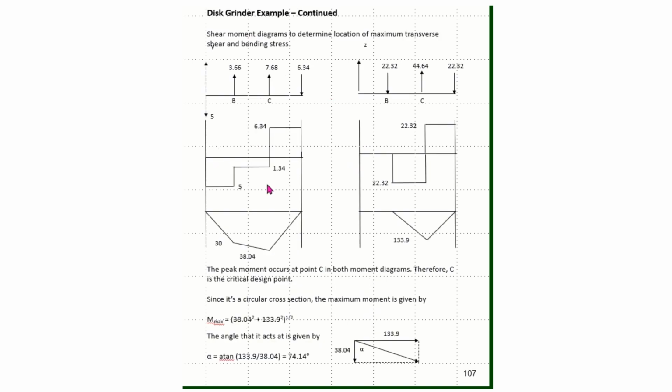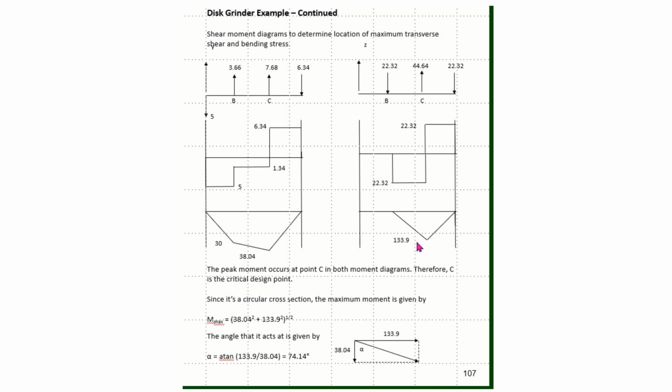And so doing that, I get 5 coming down, my 3.6, 7.6, and 6.34 coming down. Now I'll look at the XZ direction, and I get these forces. And now I draw the shear moment diagram for each of these cases. And I can see where my maximum moment occurs here at point C in both cases. So that will be my critically stressed location.